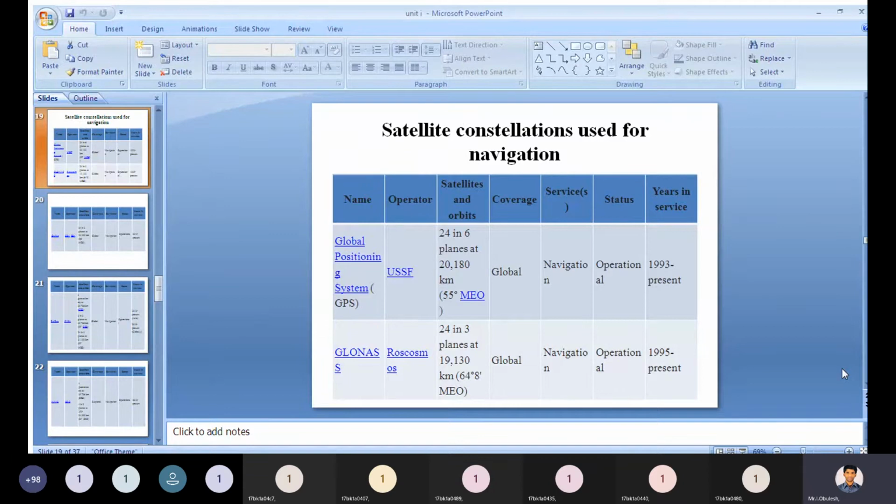These parameters we are going to see in the satellite constellations used for navigation.